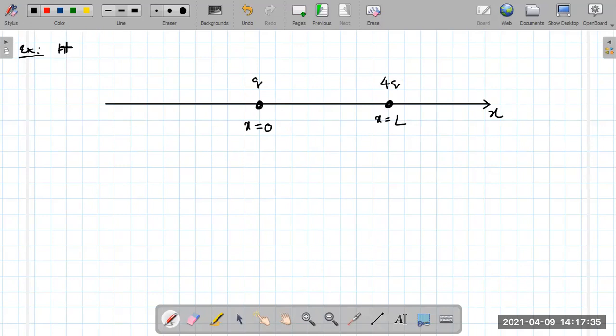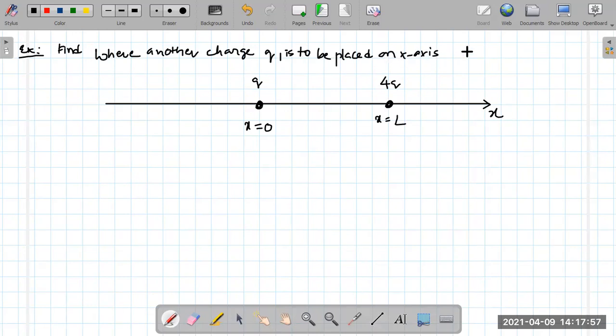So the question is: find where another charge q is to be placed on the x-axis so that the net force at x equal to 0 is 0.